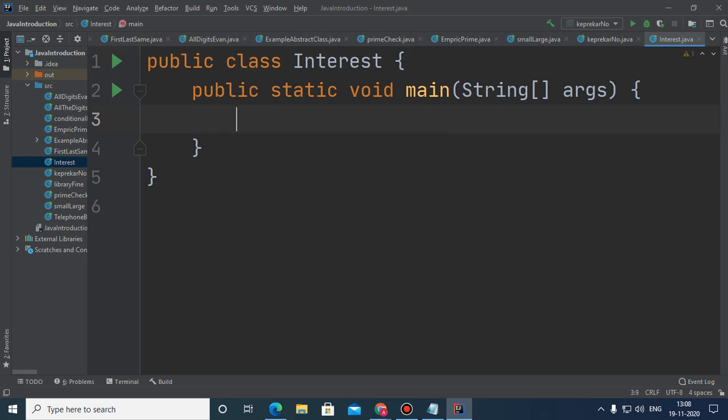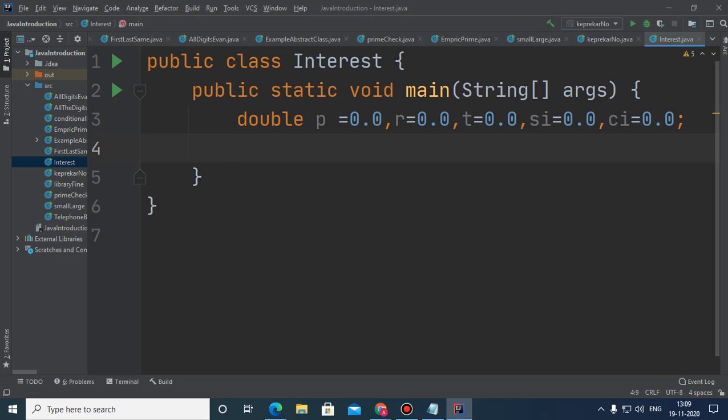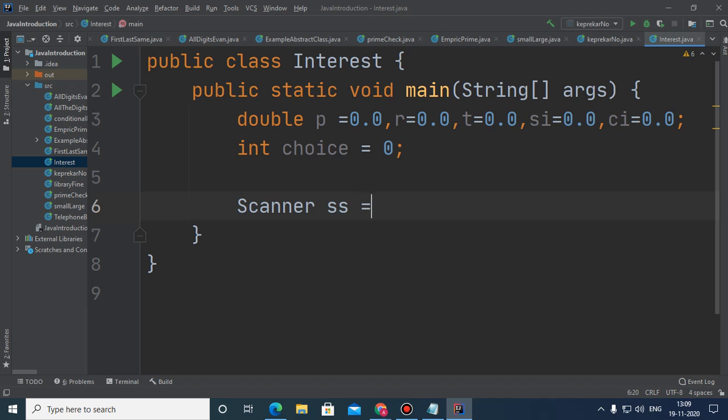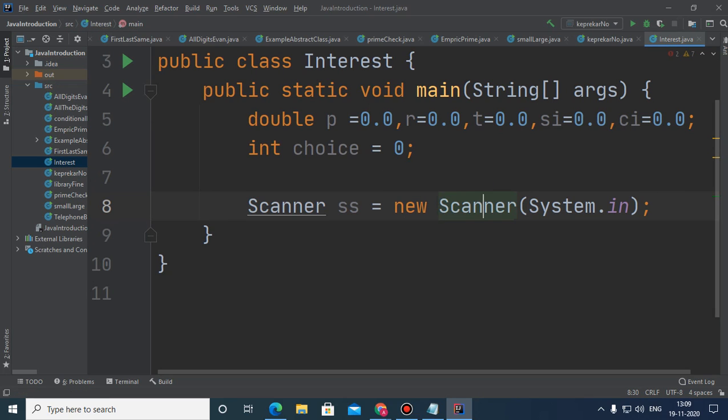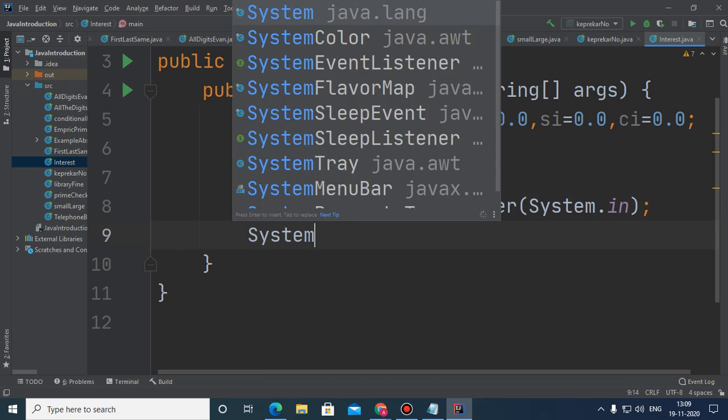Now start with the main method, and here we have to declare some variables. Every variable I'm taking as double type. I have taken these and CI, and then I need to take choice. So children, this is very important. Scanner ss = new Scanner(System.in).